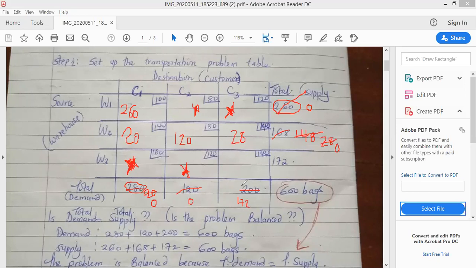And the last cell here, there's no need for you to even draw the compass. It should receive the units, but the question is, where are they going to come from? You can see these two being the same.